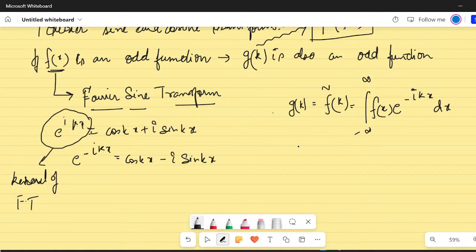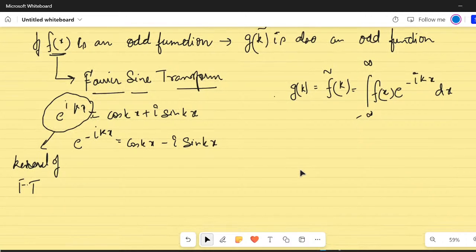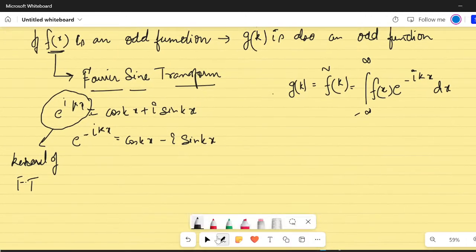This is how you write your Fourier transform. Now let us write the Fourier transform of the same.